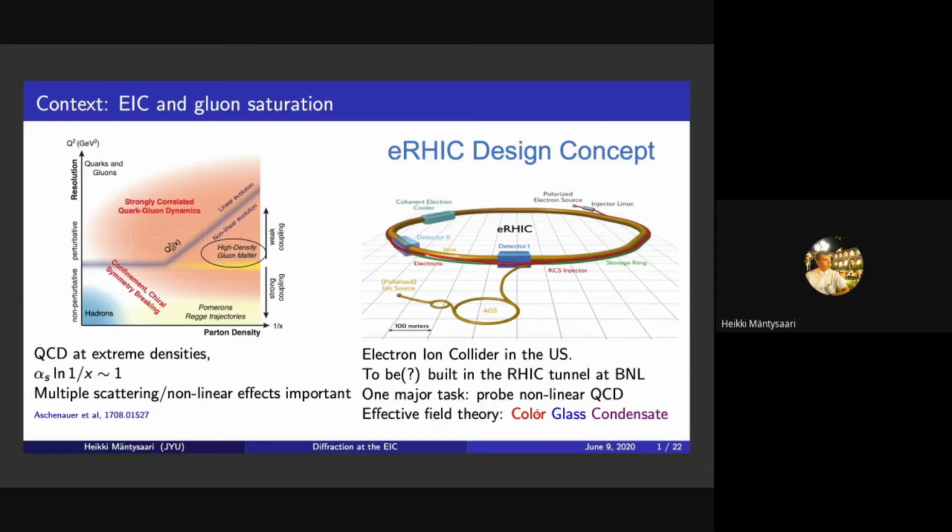And the effective theory of QCD in the high energy region is the color glass condensate, which is the theoretical framework I'm using also in this talk.